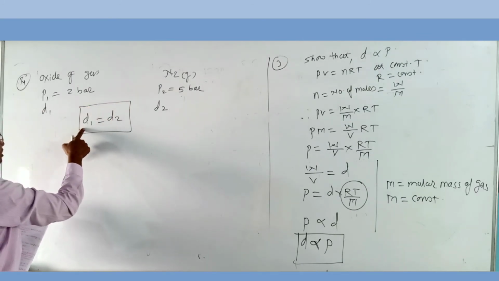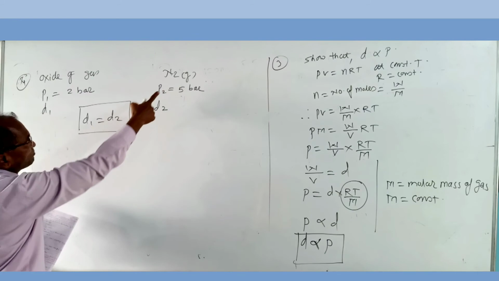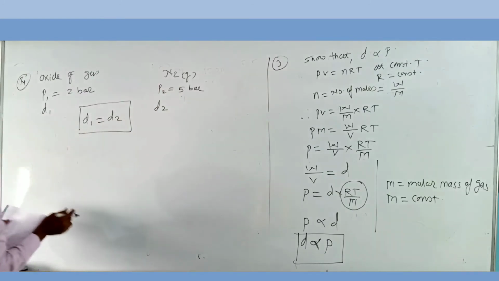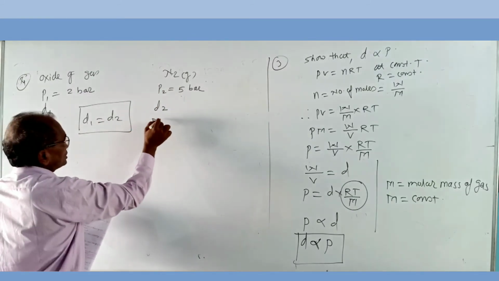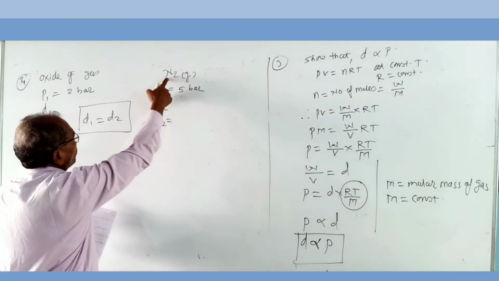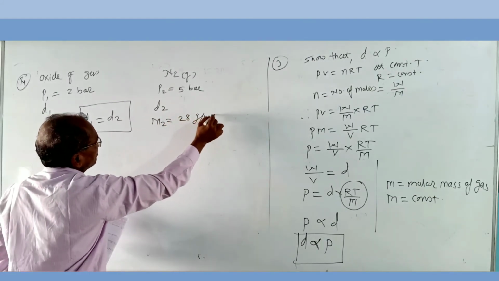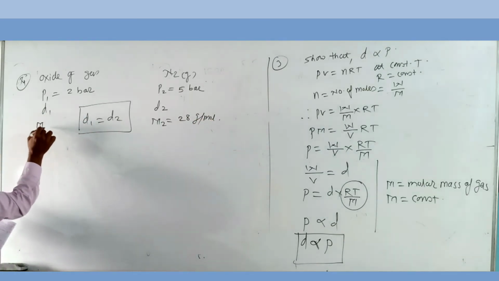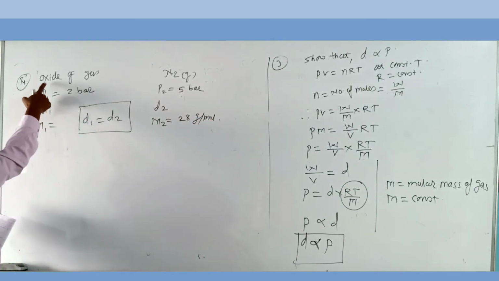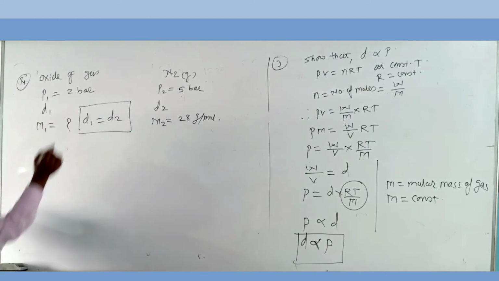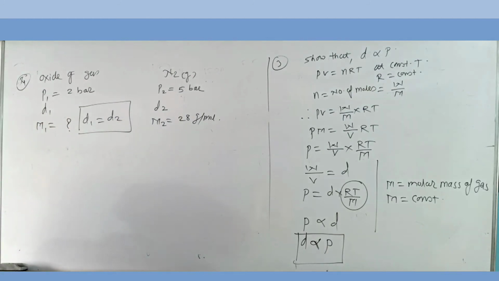Density of oxide of gas and density of nitrogen gas both are same. Here M2 means molar mass of nitrogen gas, 28 gram per mole, and here M1, molar mass of oxide of gas, is to be calculated.